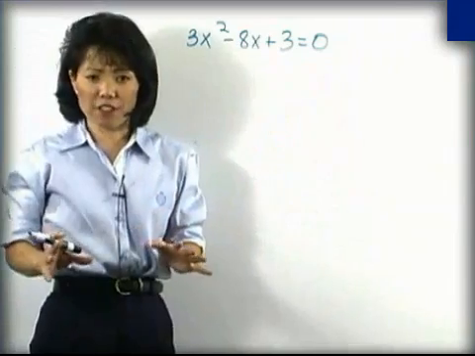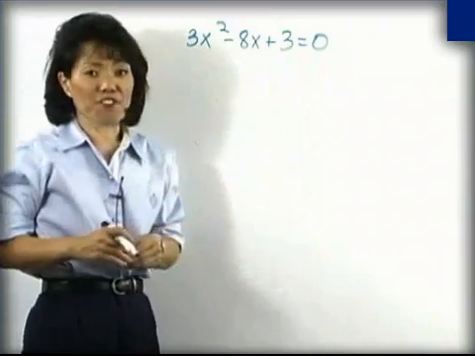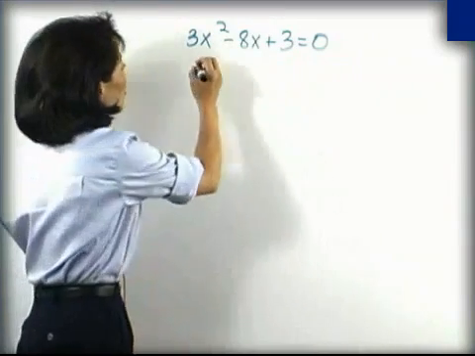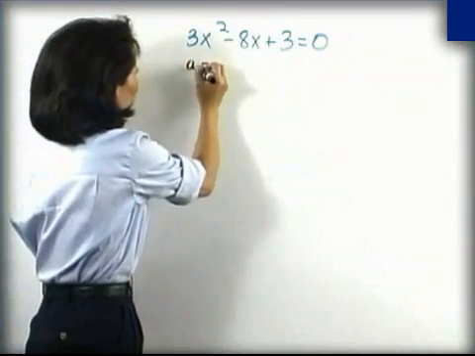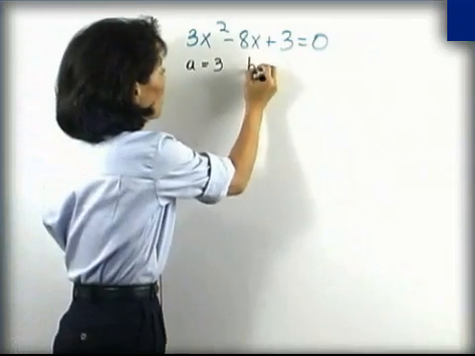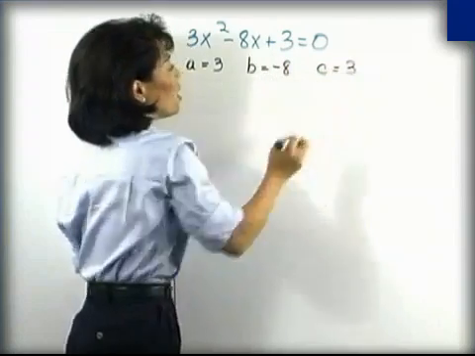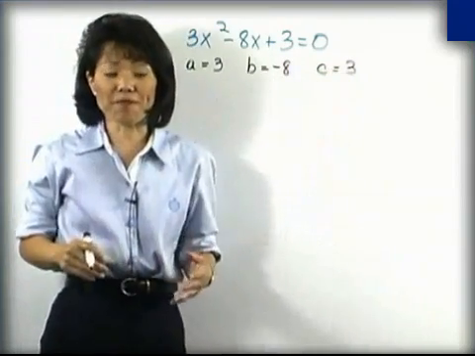If it was not in standard form, it would be your job to change it into standard form. You need standard form so you can identify the values of a, which in this case is 3, b, which in this case is negative 8, and finally c, which in this case happens to be 3.